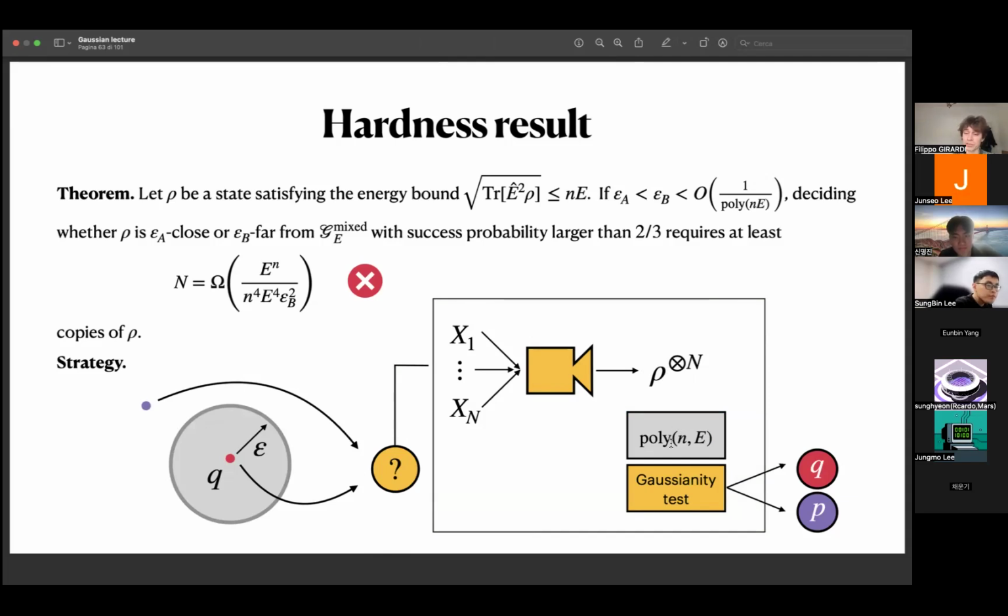We perform a pre-processing of this state, which requires just a polynomial number of copies, and then we perform the Gaussianity test. And in the end, using the hardness of this testing for a suitable Q, we can lower bound the sample complexity of the Gaussianity test, because this black box solves this problem. So the number of copies that this black box is using is lower bounded by the theorems regarding this classical problem. And so we can lower bound also the number of copies used by the Gaussianity test.